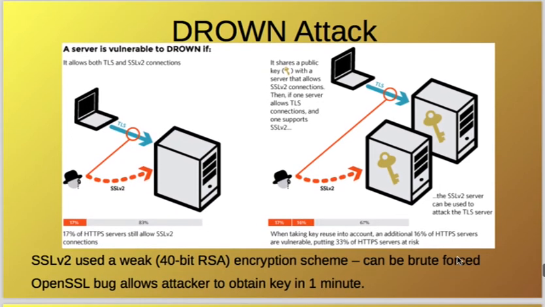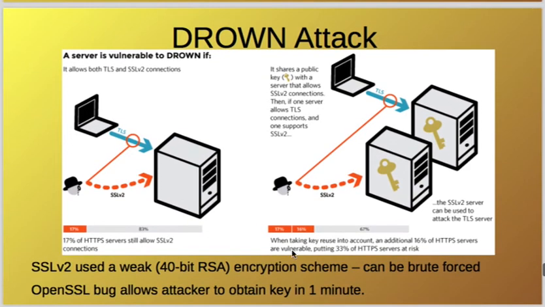So basically what it comes down to is if your server supports these older technologies, SSL v2, then it becomes vulnerable to this DROWN attack. So a server is vulnerable to DROWN if it allows both TLS and SSL v2, and a lot of servers did that, including D2L.